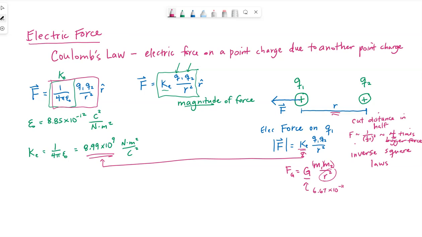And so electric forces are much more noticeable than gravitational forces, just with that larger constant. All right, in our equation up here for Coulomb's law, you will see this r hat. R hat is a unit vector, meaning it has a length of 1.